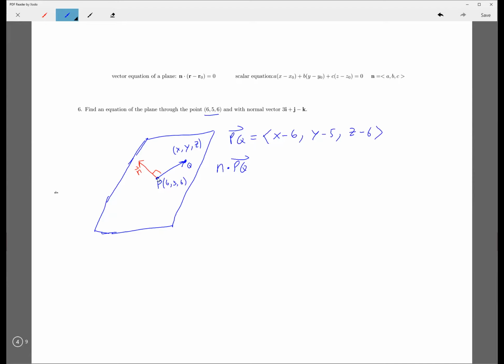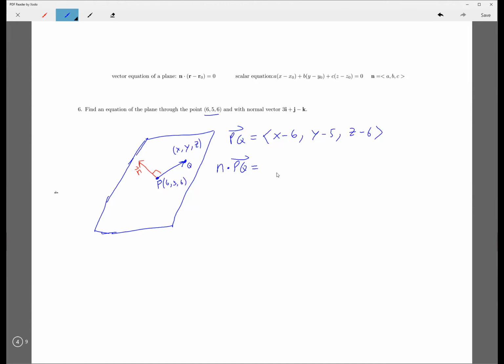What are you going to get? You guys remember? These two vectors are perpendicular. What's their dot product going to be?